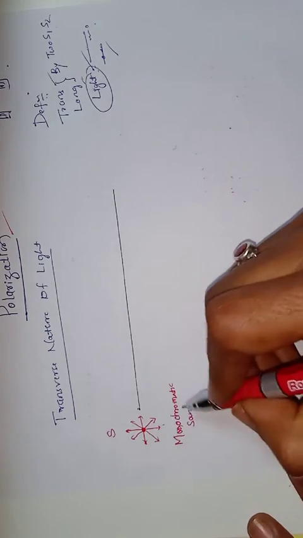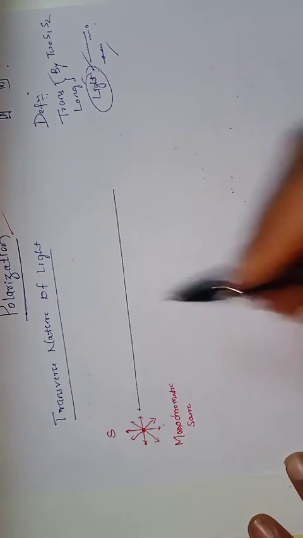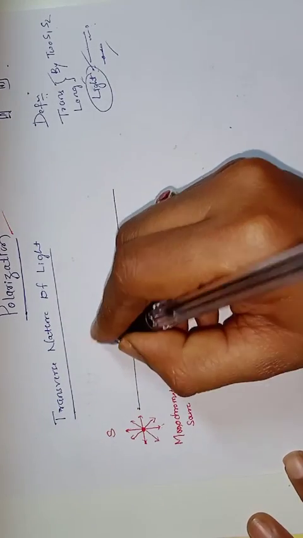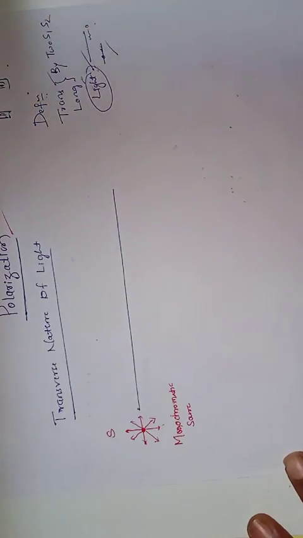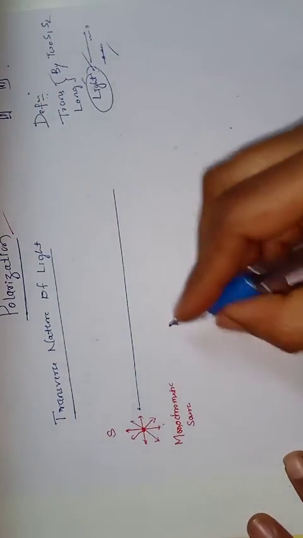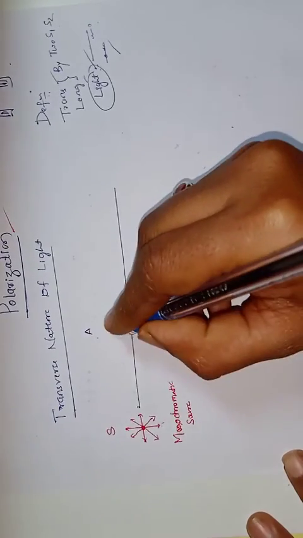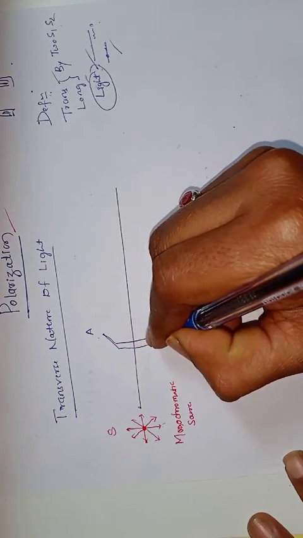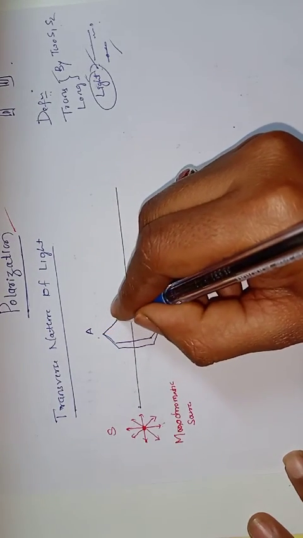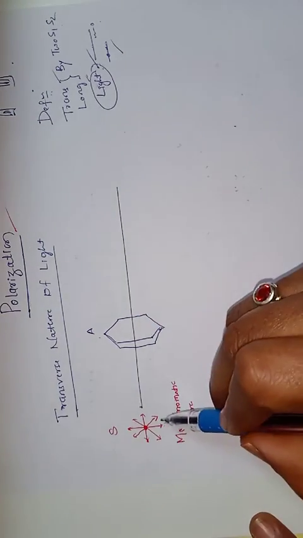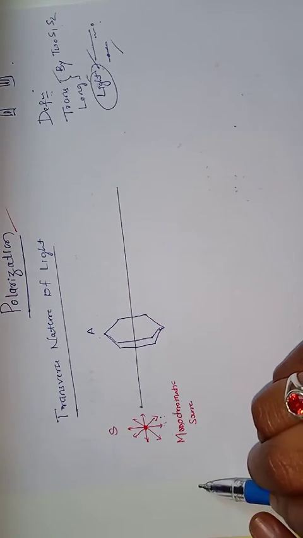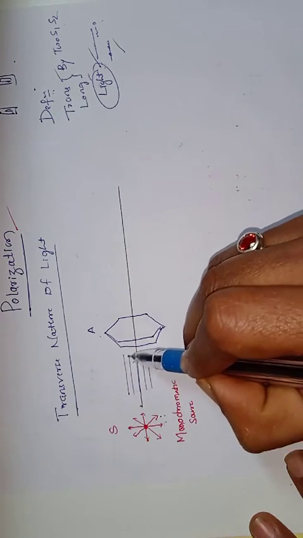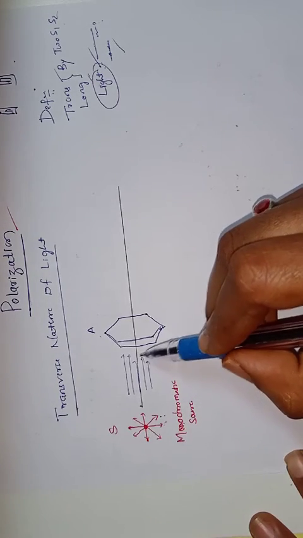Then what do we need to study this transverse nature? We need two tourmaline crystals. One is A. This is the tourmaline crystal. Here the unpolarized light falls, with light rays parallel to this axis.